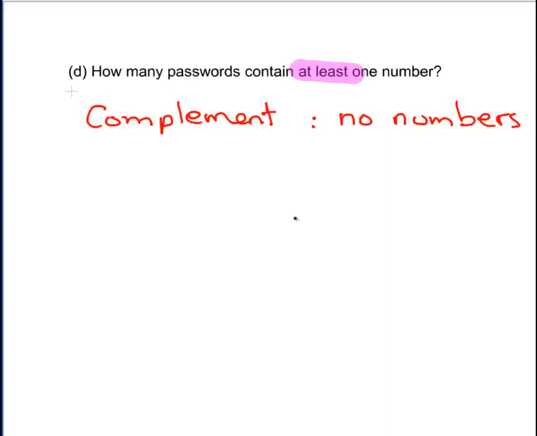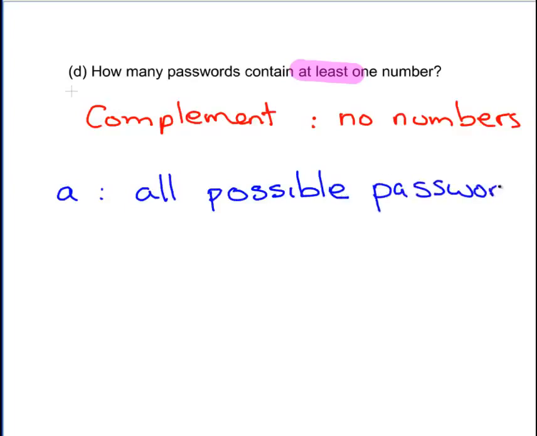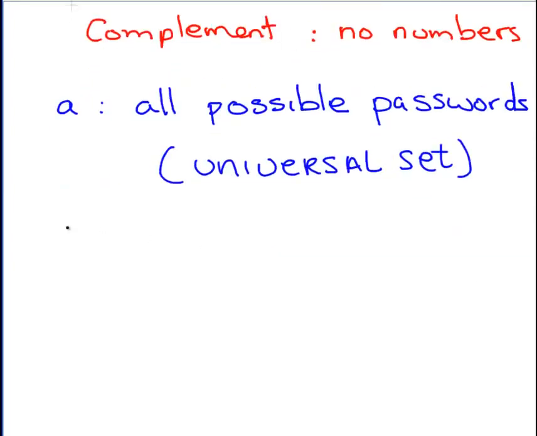Essentially what we're going to do here is use part A and part B to help us. So A is all possible passwords, which is the universal set, if you remember set theory. And B is the no numbers set.